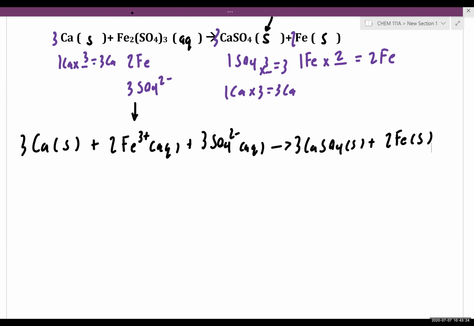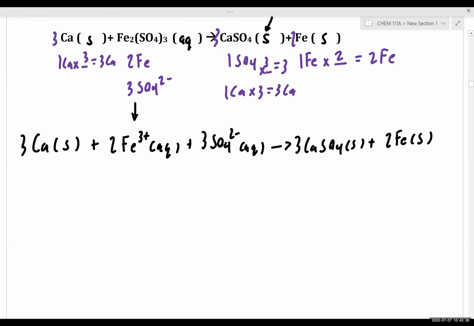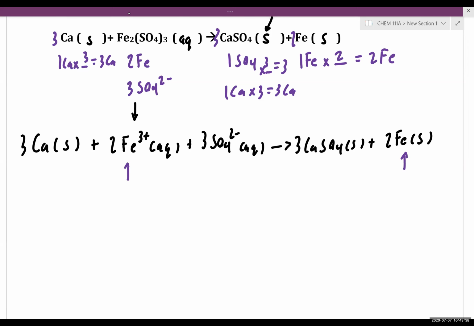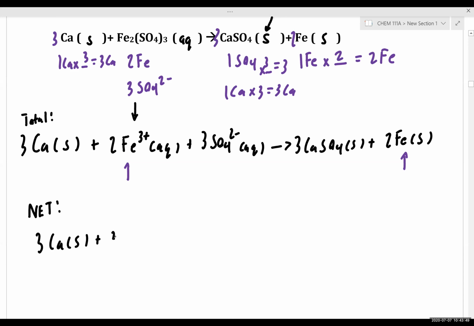No. So you may think, oh, these irons look similar. Well, the two iron atoms have a different physical state and a different charge, so you do not cancel them. So here we have our total ionic equation, and our net ionic equation is identical to our total ionic equation.